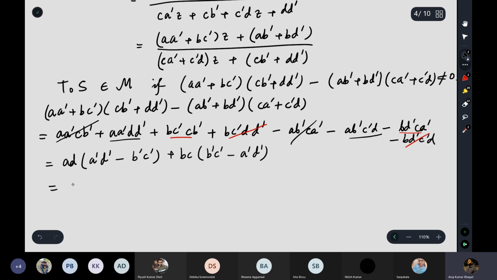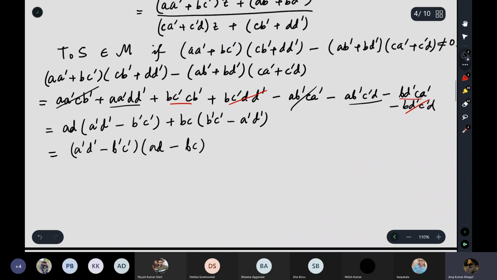So from here, if I take minus also common, this will become A'D' minus B'C'. So if I take A'D' minus B'C' as common, I'll remain with AD minus BC. And this is non-zero. Do you agree why?